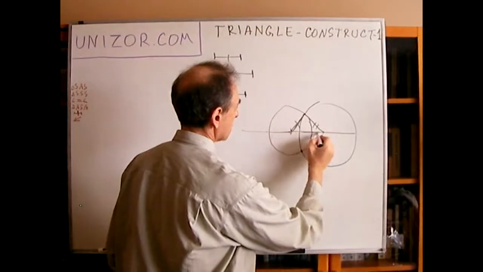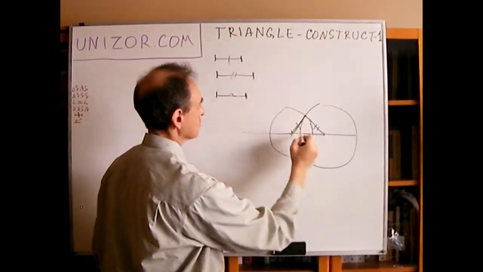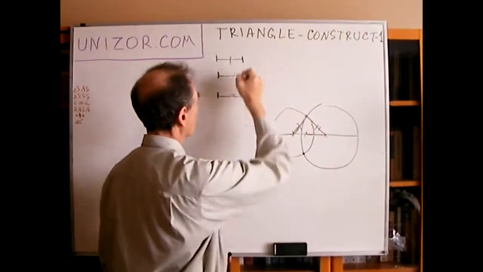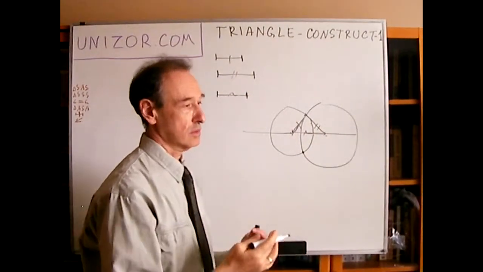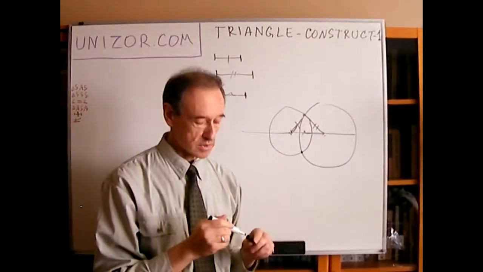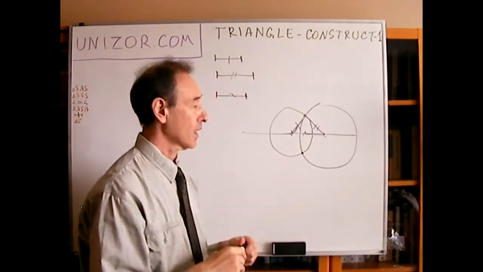And this segment initially was congruent to this one. That's how we started. So the three sides of this triangle are congruent to three segments given to us initially.